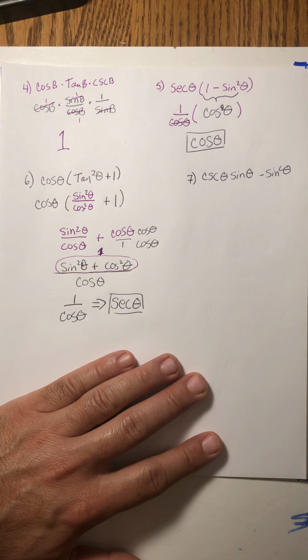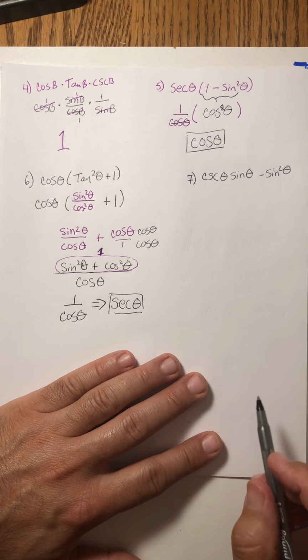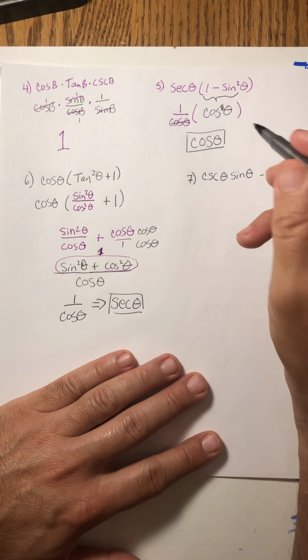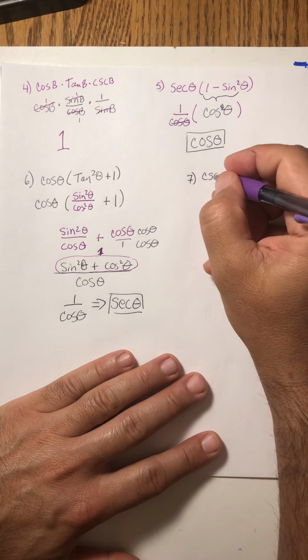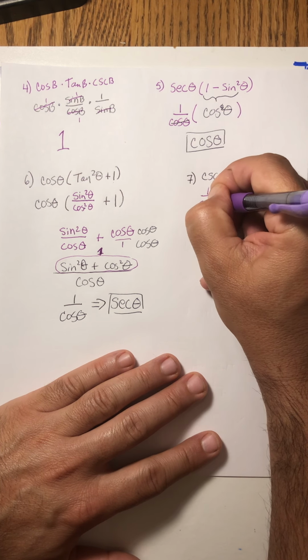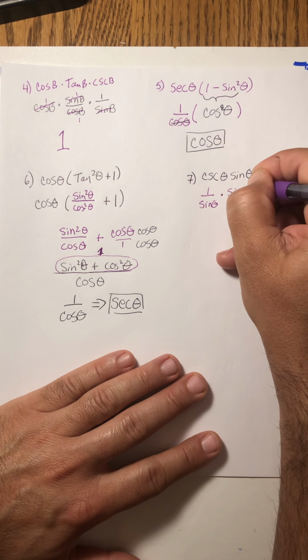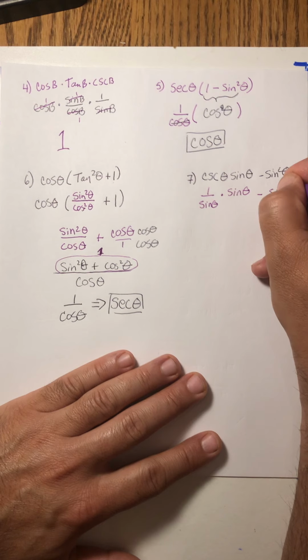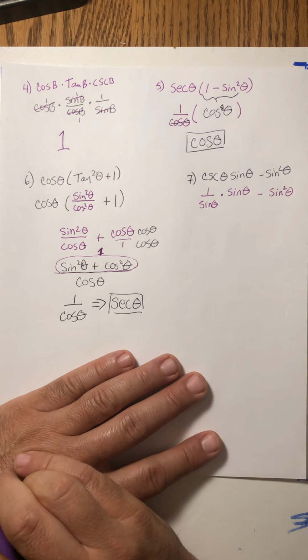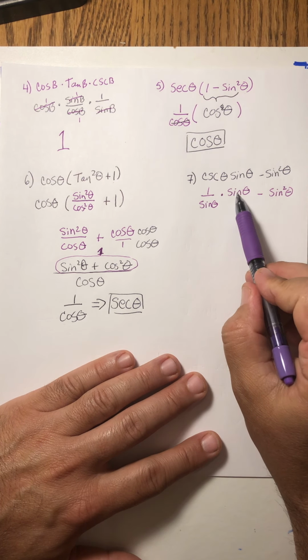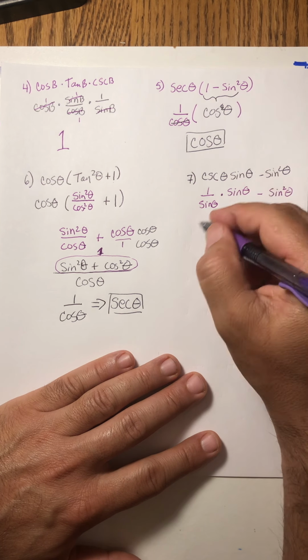Rule number one, that's right, change everything to sines and cosines. Well, cosecant is what? That's right, 1 over the sine. And then times the sine of theta minus sine squared theta. Well, what do we know about these two sines then? That's right, they're going to cancel.